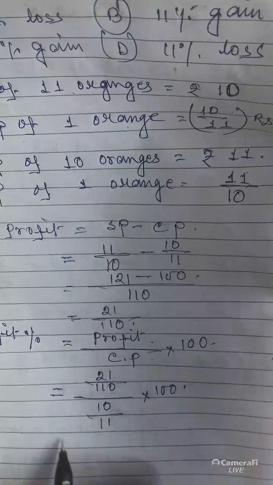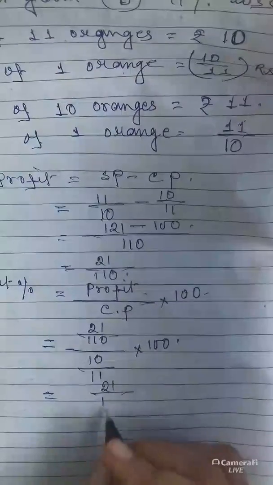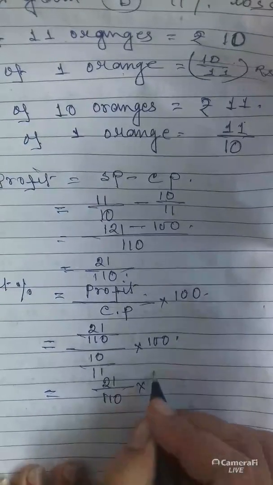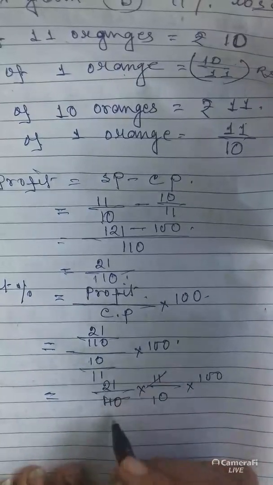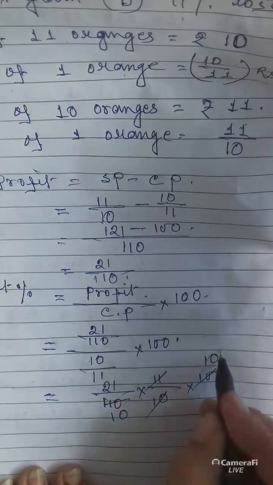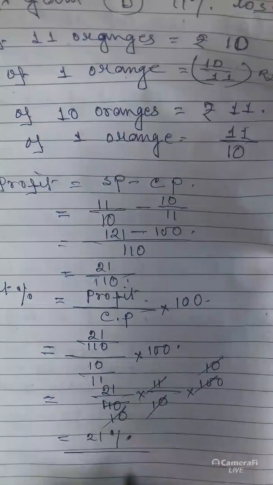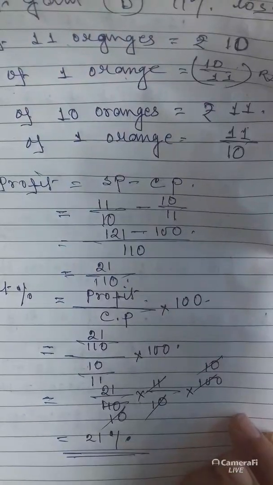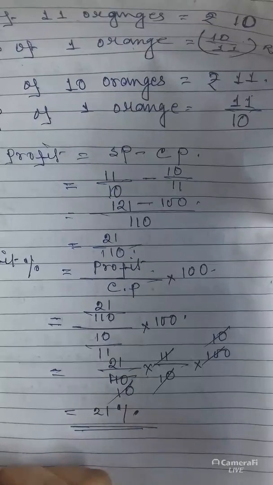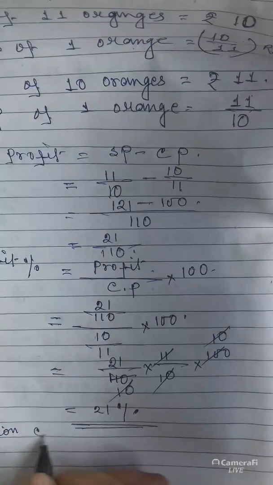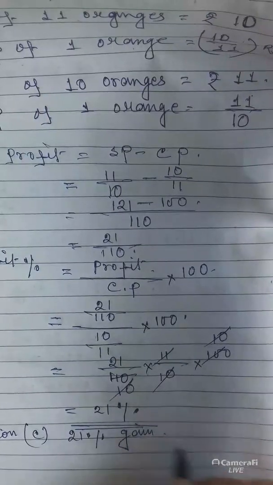So 21 by 110 into 11 by 10 into 100. 10 10 cancel, 11 into 10 is 110, we get 21%. 21% gain, profit percent equal to 21%. So option C, 21% gain is the answer.